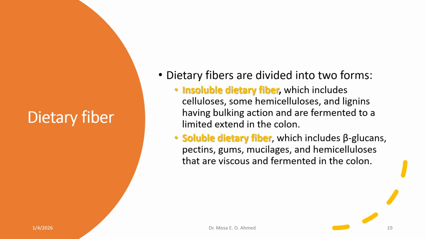Based on the solubility of dietary fiber in water or aqueous medium, dietary fiber can be classified into two forms: insoluble dietary fibers, examples of which include cellulose, hemicellulose, and lignins, which have bulking action and are fermented to limited extent in the colon. And the other type is soluble dietary fiber, which includes beta glucans, pectins, gums, mucilages, and hemicelluloses that are viscous and fermented in the colon.